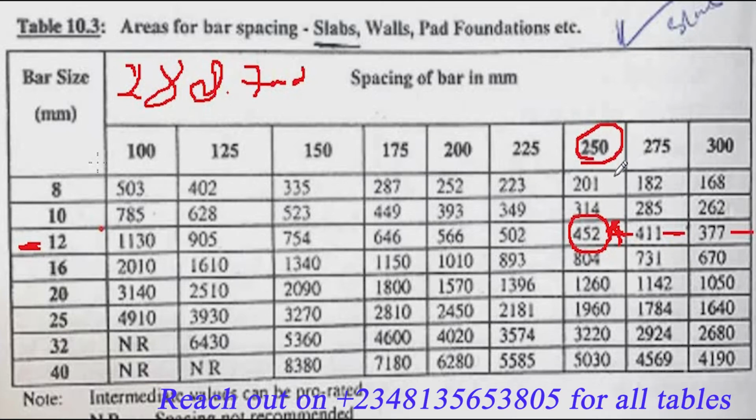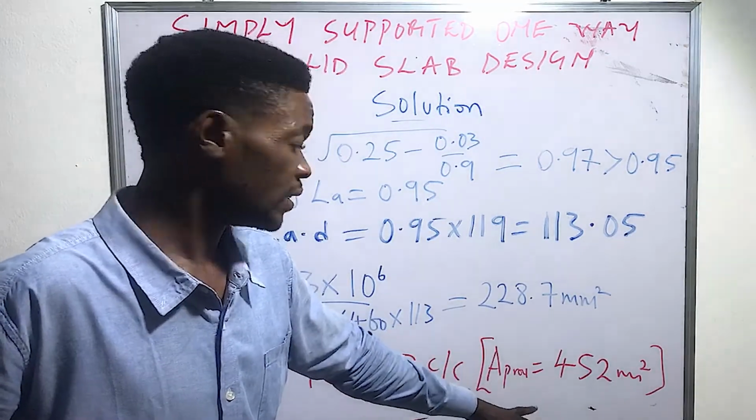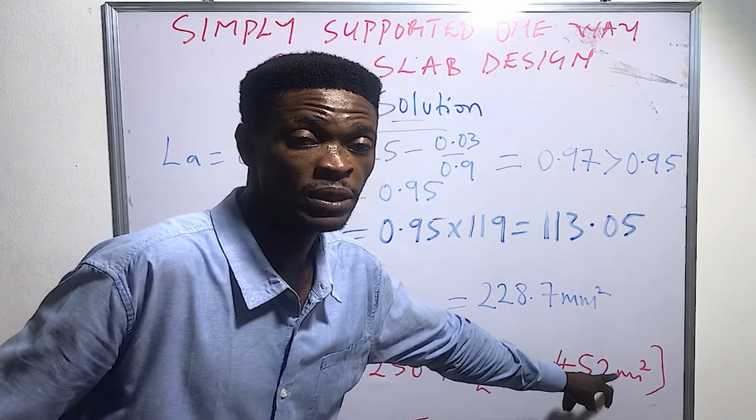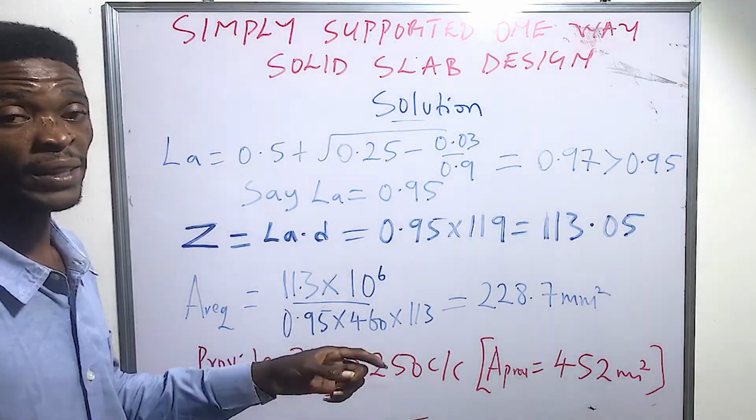You can also do this for the distribution bars as well. So we are providing Y12 at 250 mm center to center for our main reinforcements, and the area provided is 452 mm square. So from our table, the area we provided is 452 millimeter square.